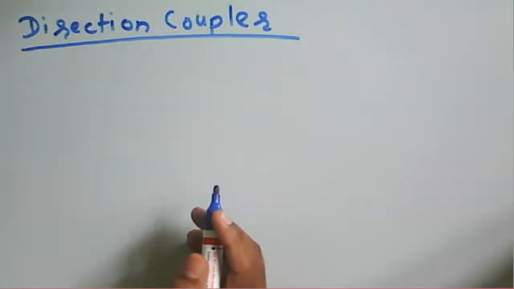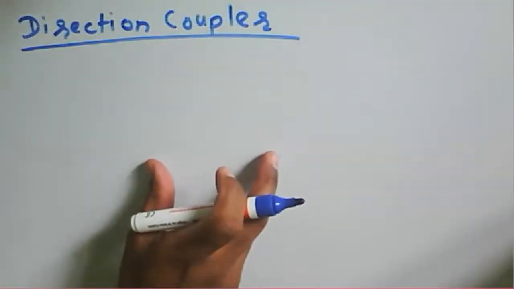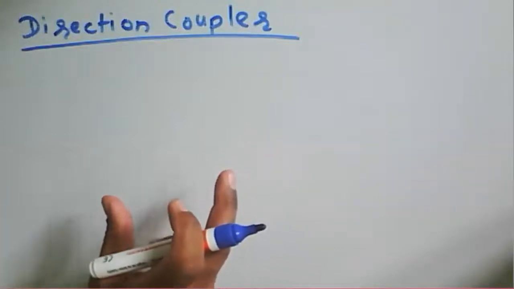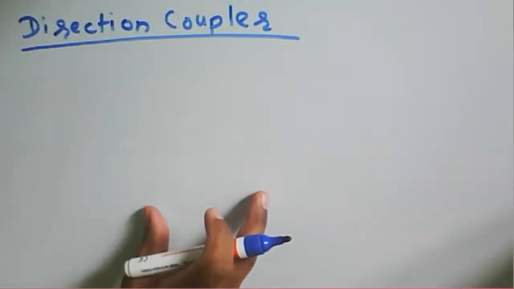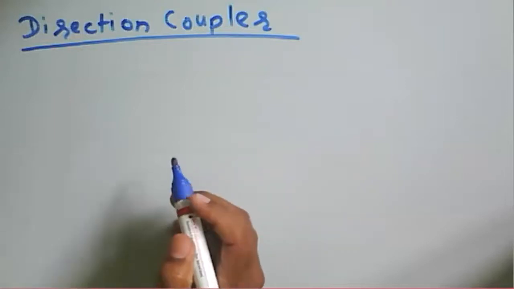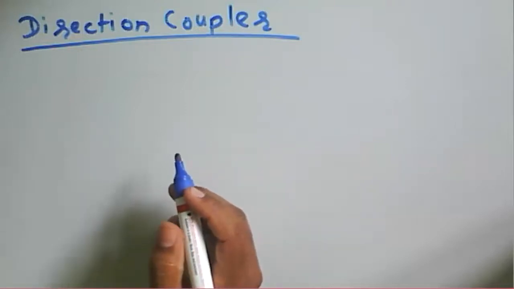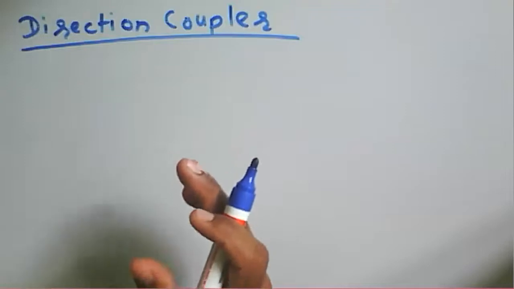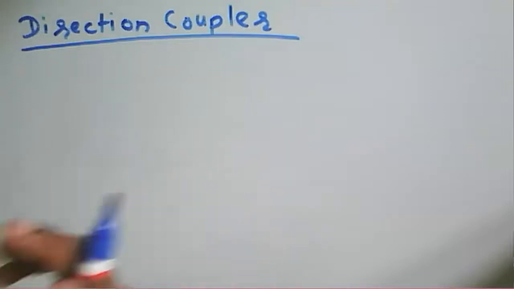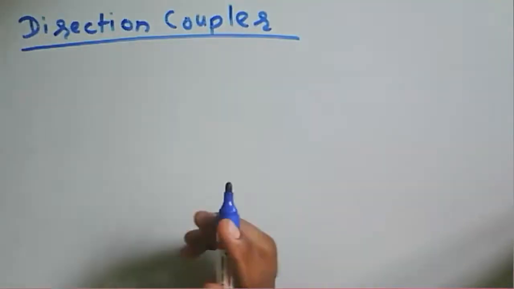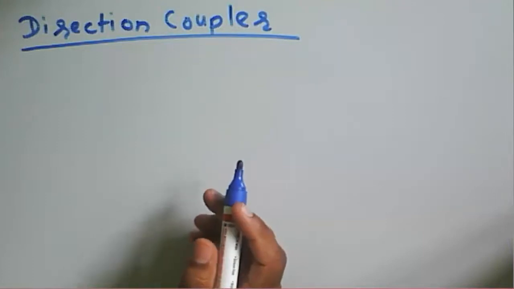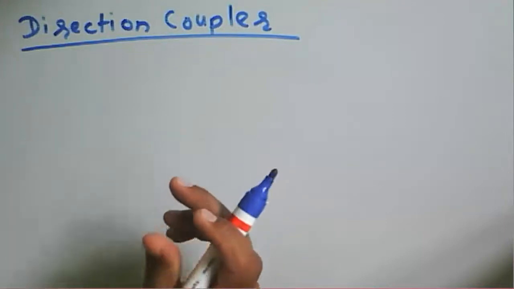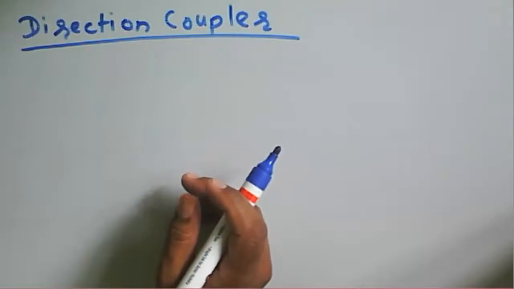This device receives the power from a particular input port. If this device is perfectly matched, then there won't be any reflection from that given port to all the other ports.